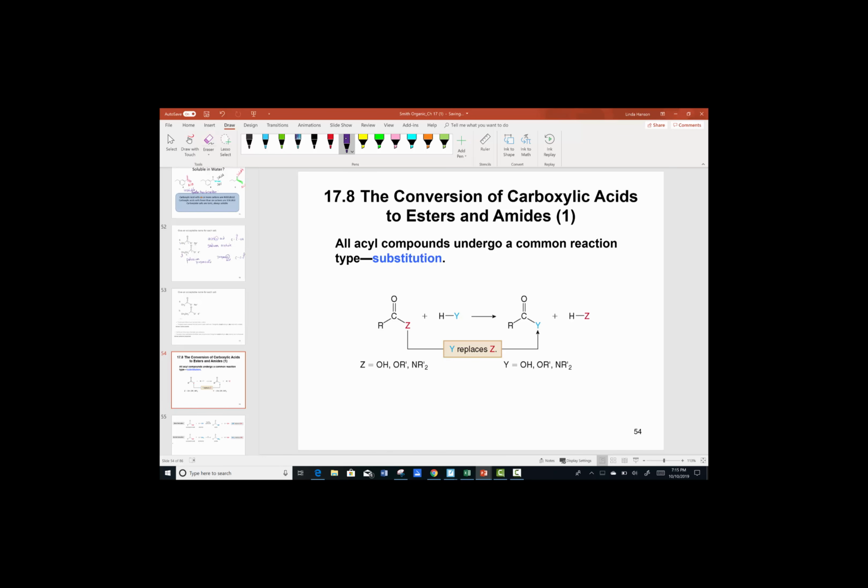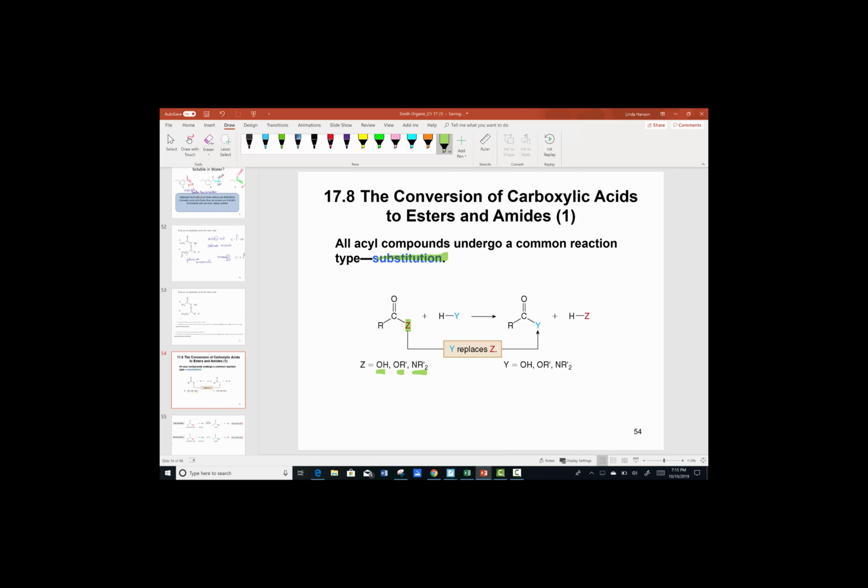Let's look at a second type of reaction, the next type of reaction past acid-base chemistry, and it's called substitution. Now we've practiced substitutions with other functional groups. Notice here on my carbonyl group, C double bond O, we have something that could be an acid, an ester, or an amide.